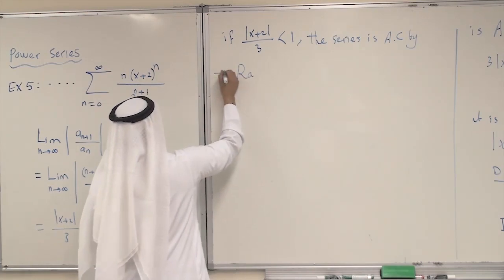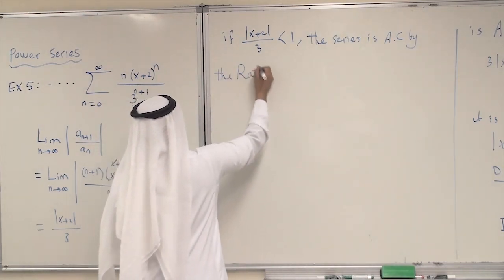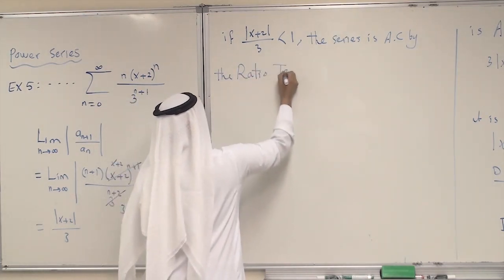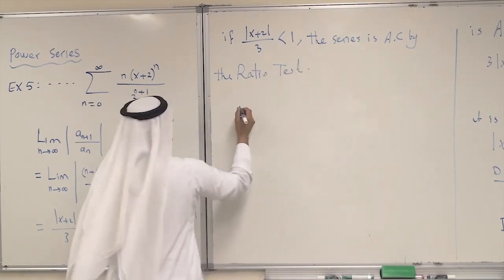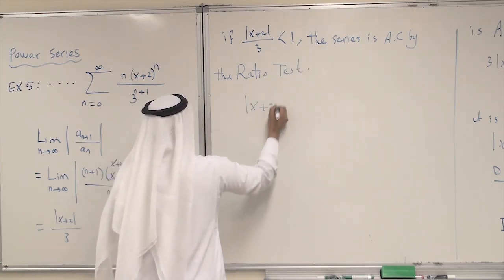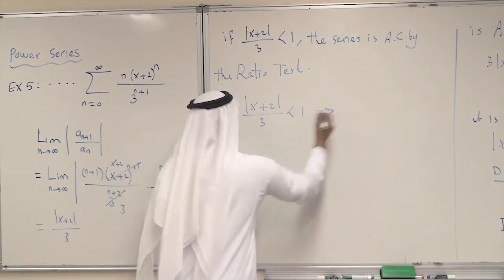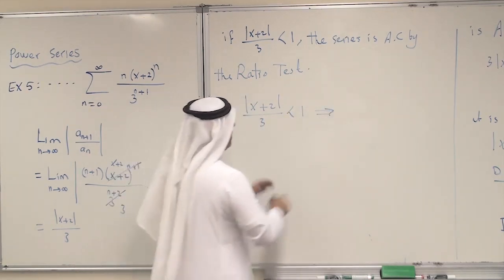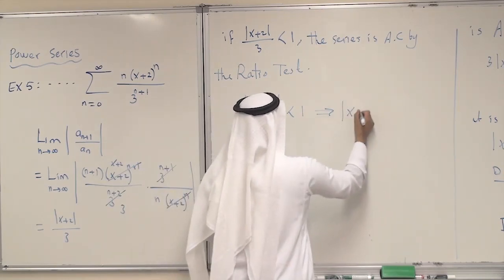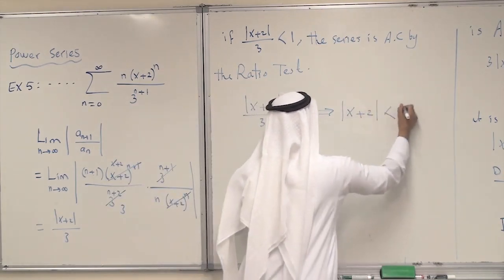So let us discuss this. Absolute value of x plus 2 over 3 less than 1 implies that the absolute value of x plus 2 is less than 3.